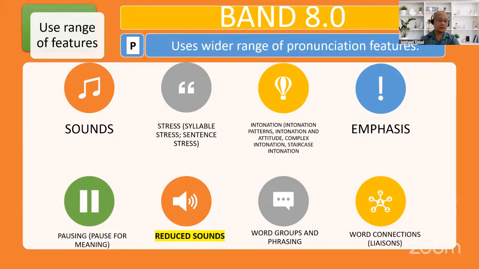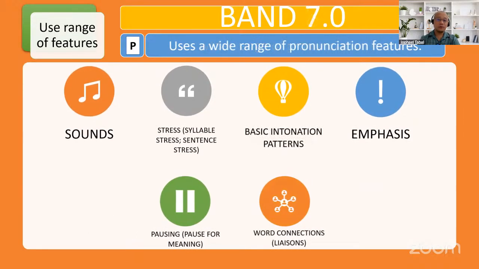There is intonation that expresses attitude, complex intonation, or staircase intonation. We also have emphasis and pausing. The pausing here, take note, is pause for meaning, not to pause to look for answers. Then we have reduced sounds, word groups and phrasing, and word connections or liaisons.